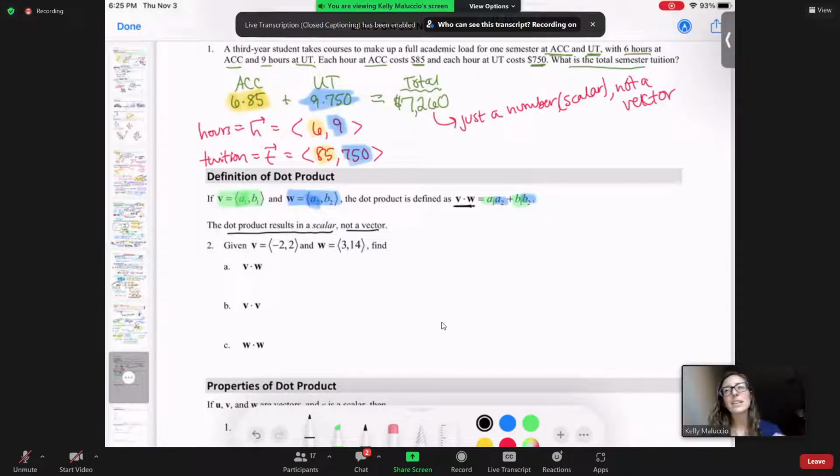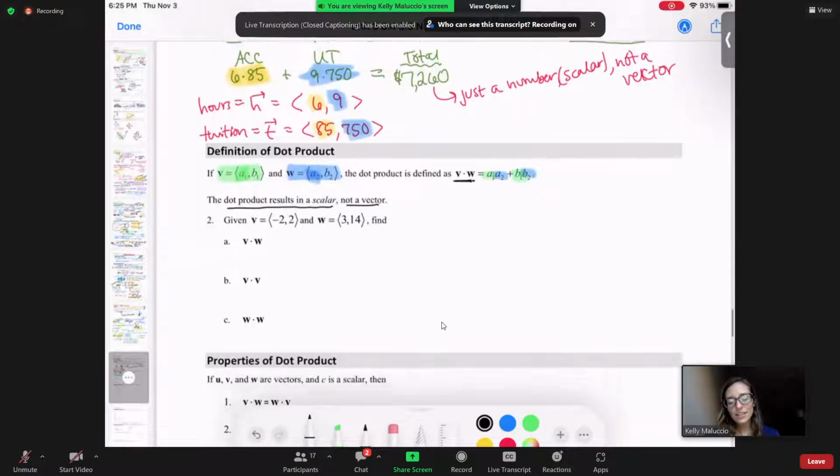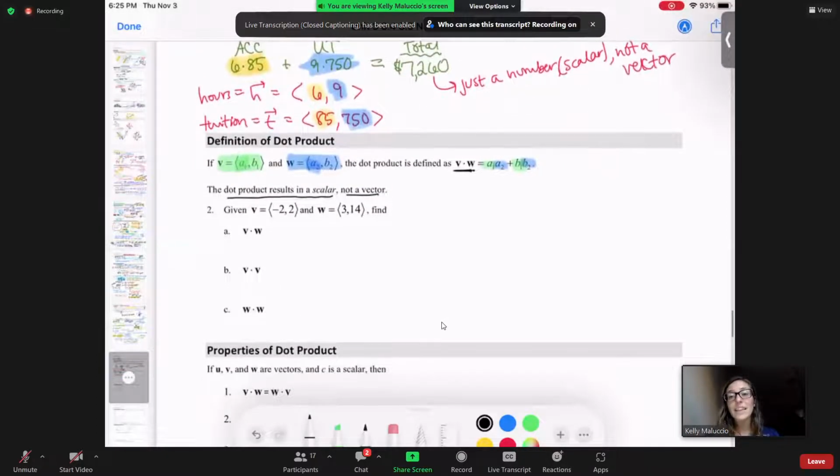So it's just a little bit different. It is related, but the magnitude is not equal to the dot product. We'll get to that later and see how they're related.